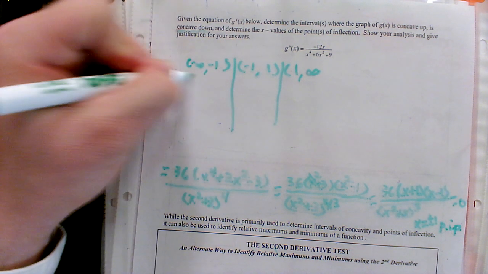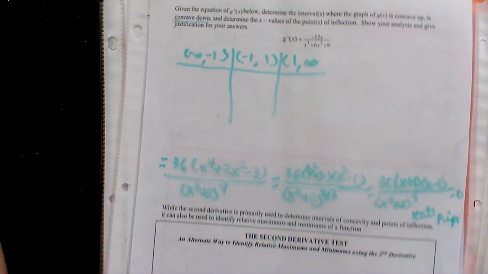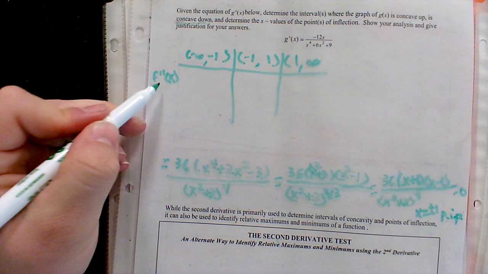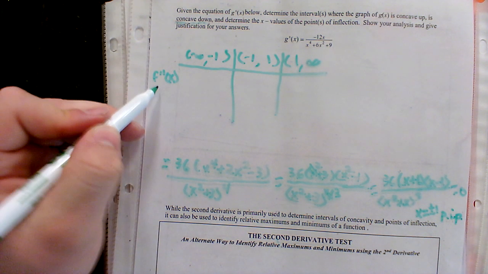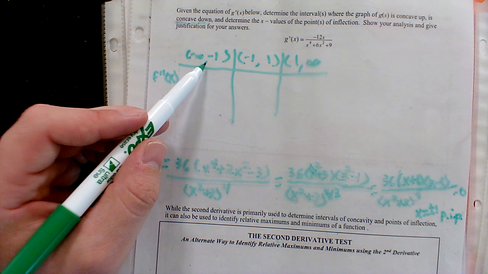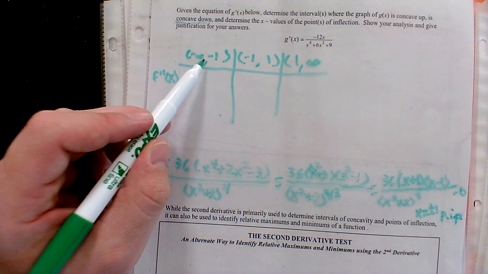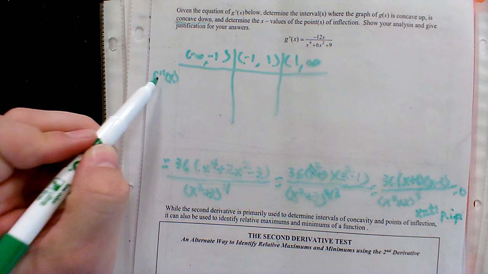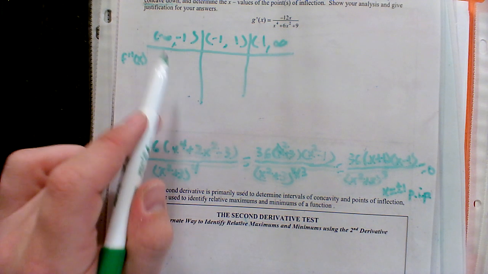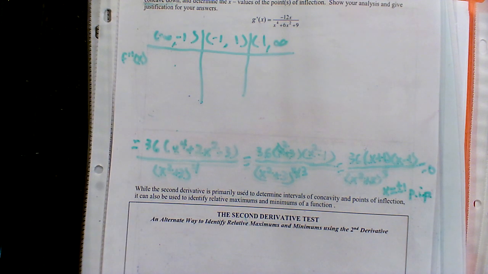Okay. I'm going to create the table out of it. So we're talking about the second derivative here, f double prime of x. If we plug some value that's within this interval into the second derivative, so this was our second derivative down here, do you get a positive or a negative answer?